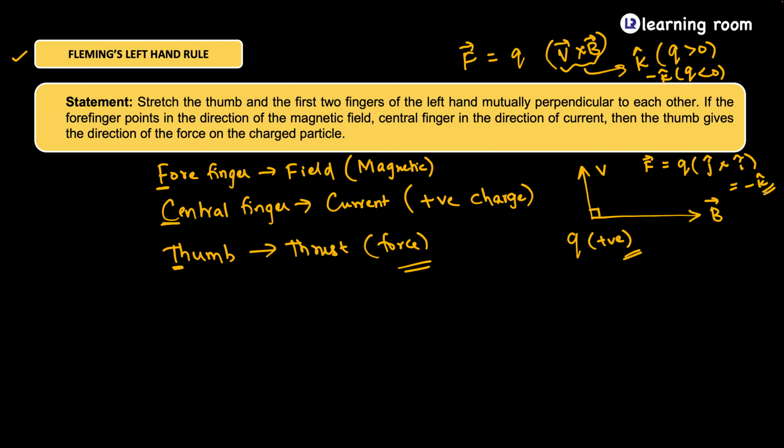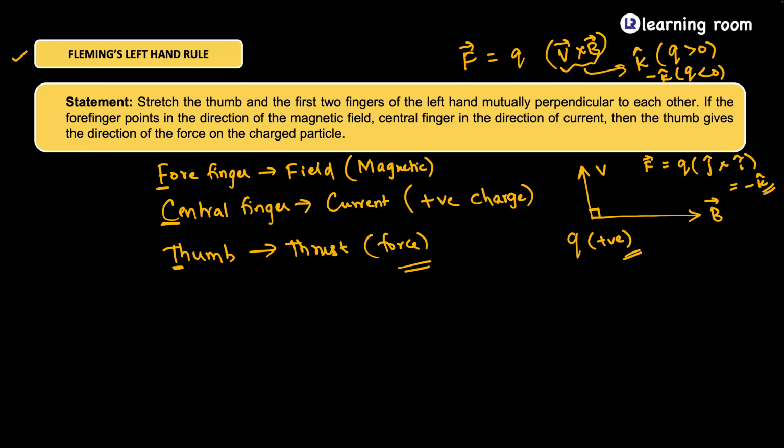So let's validate using this. Okay. So here, out of the three fingers, I would suggest don't stretch everything at the same time. Stretch them one by one, adjust the position, and then stretch the last one. The last one should be the unknown one. Here, what are the two known parameters? Velocity and the magnetic field. So velocity is the direction of current.